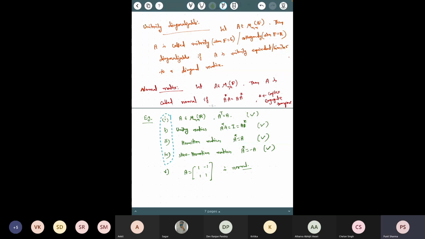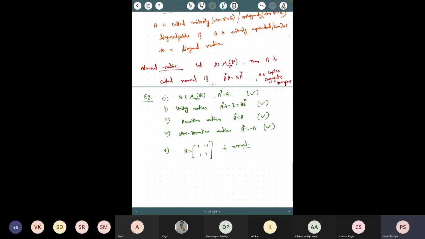This matrix is not symmetric, it's not unitary, it's not Hermitian, it's not skew Hermitian, but it's still normal. So this is normal, but not unitary or Hermitian or skew Hermitian.